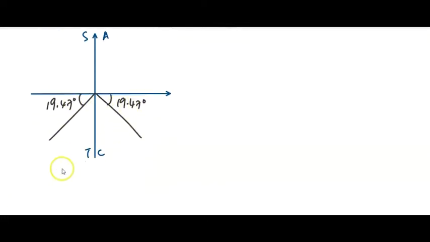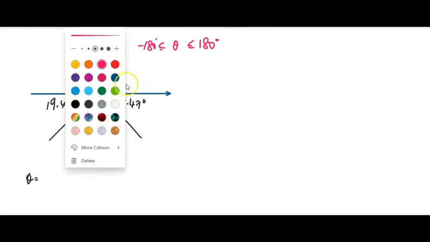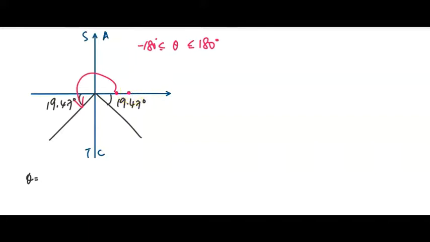Now we can get our theta by rotating our angle starting from the positive x-axis. Follow the anticlockwise direction first, then we have the first answer. Obviously, this first angle exceeds 180, where our theta only allows from negative 180 to 180. So this answer is not going to be considered. Now we rotate from the positive x-axis, following the clockwise direction.